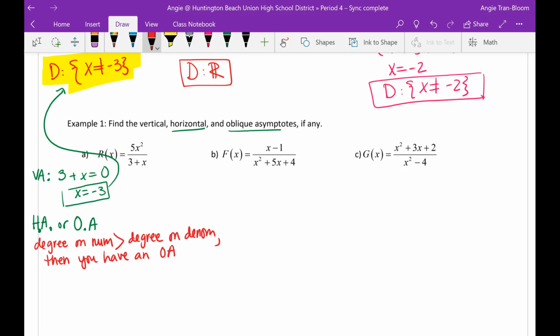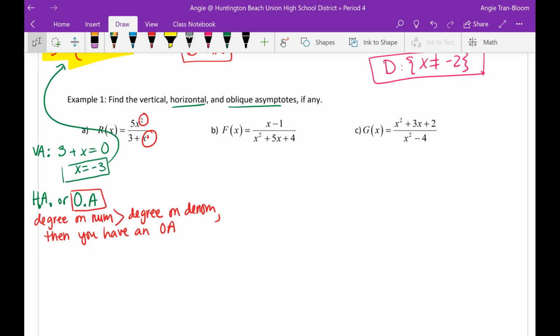If this is not true, then everything else is an HA. So OA only exists if the degree on top is bigger. The degree on the top is 2. The degree on the bottom is 1. So for this problem, I'm going to box up OA.